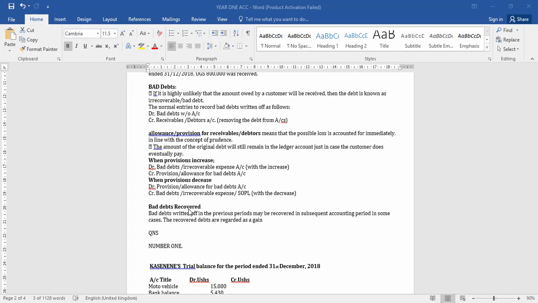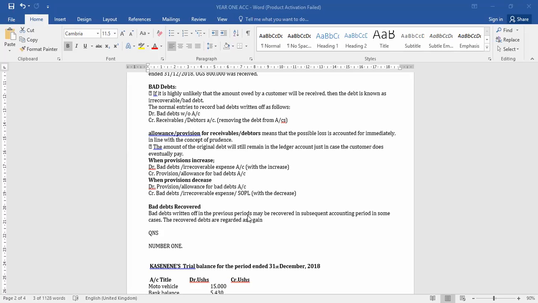Let me say in the next year, the schools will be open officially. Are you getting it? If he pays, now you write him or her off within the bad debtors and bad debts recovered, because he has paid his or her liability at that particular moment.